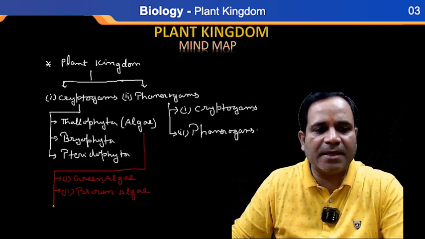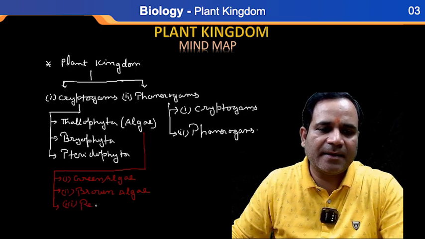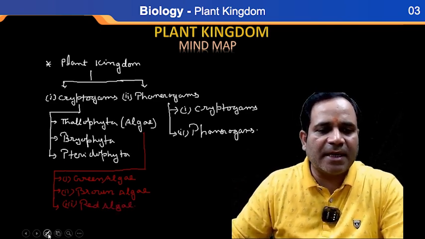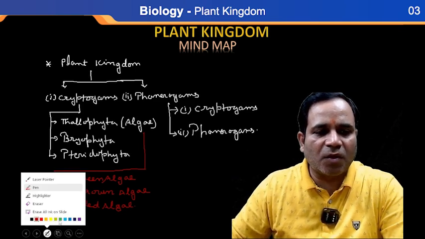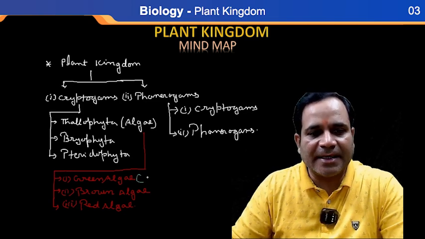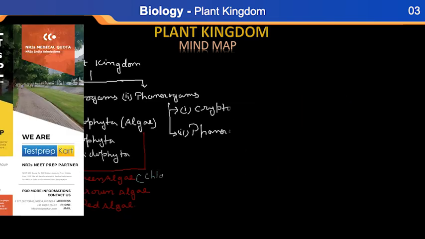And the third one is red algae, my dear. Correct? So if anybody asks you about chlorophyceae, it means green algae. So that's why I'm writing chlorophyceae here also.